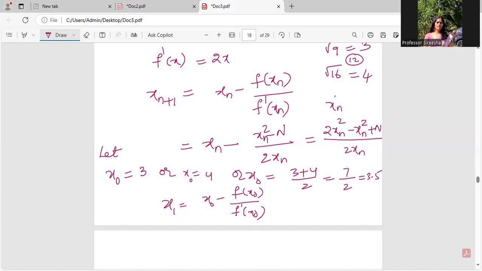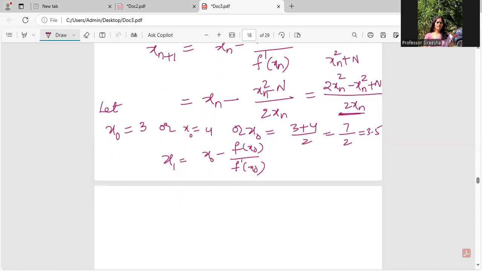So this would be xn squared plus n in the numerator. In the denominator, you have 2xn. This would be my recurrence relation. I can directly put the values in the recurrence relation. Now, what is x0 that I have chosen? I have chosen x0 to be 3. What would be f of x0? What's n? n is 12, right? So f of x0, f of 3 would be 3 squared, 9 minus n, which is 12.